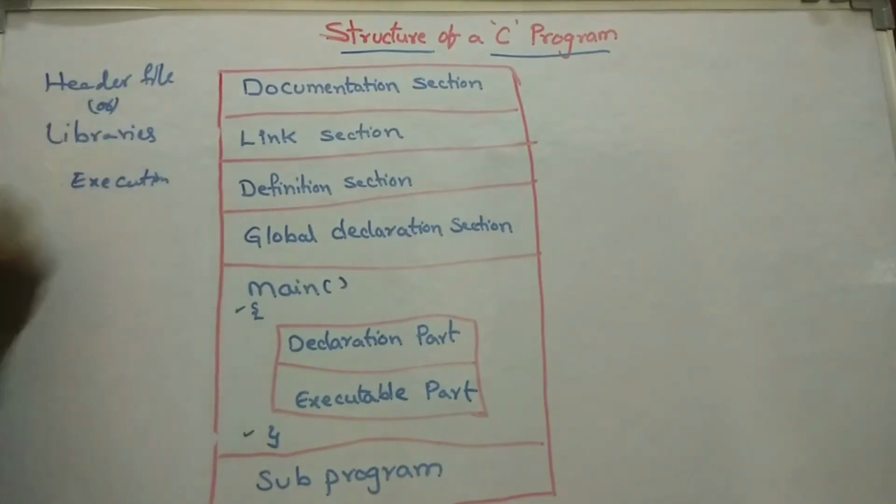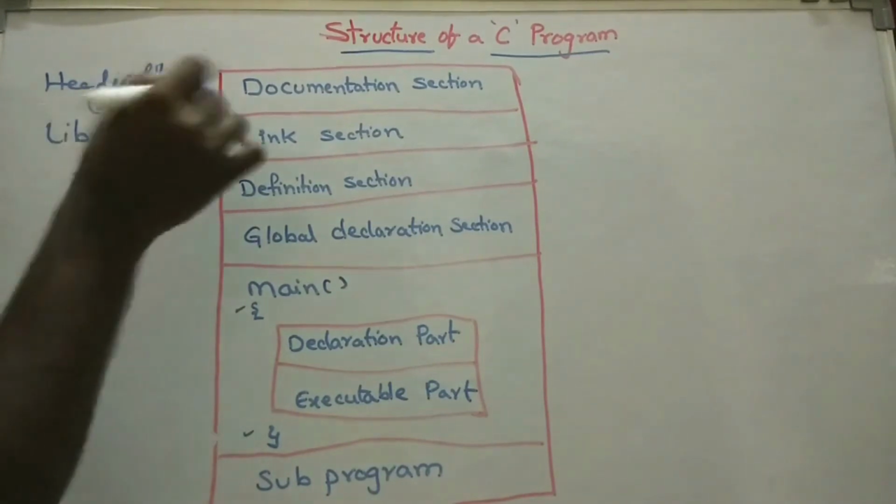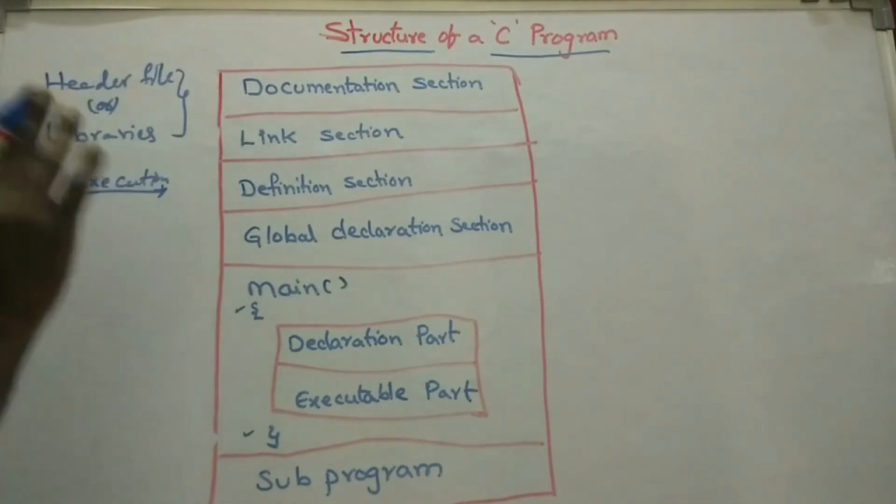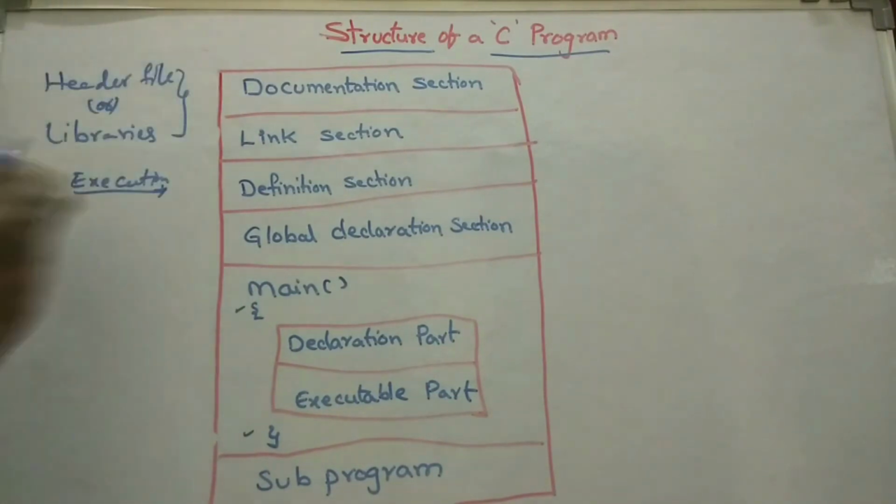Based on these libraries or header files, we can execute your program. That means these header files are compulsory for successful execution of your program. Those header files we have to link in your program.